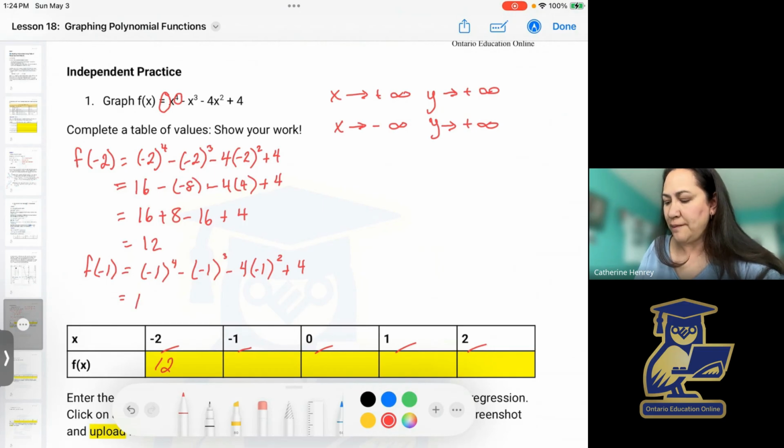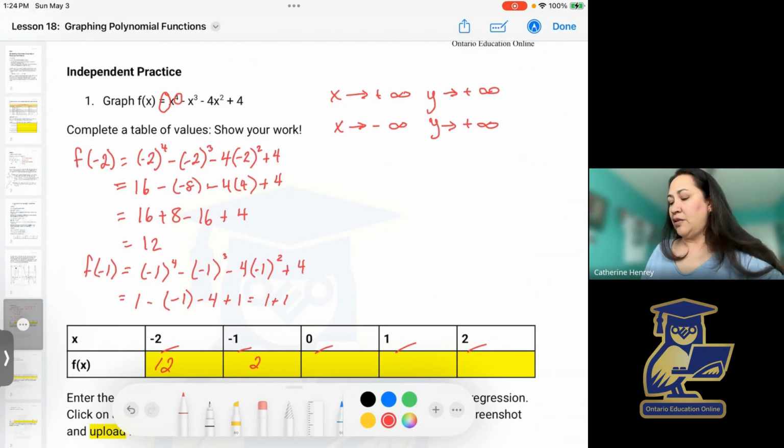So this is 1 minus negative 1 cubed is going to give me negative 1. And then negative 1 squared times negative 4 is going to give me negative 4 plus 4. And what we end up here is 1 minus a negative, which is 1 plus 1. And we end up with 2.